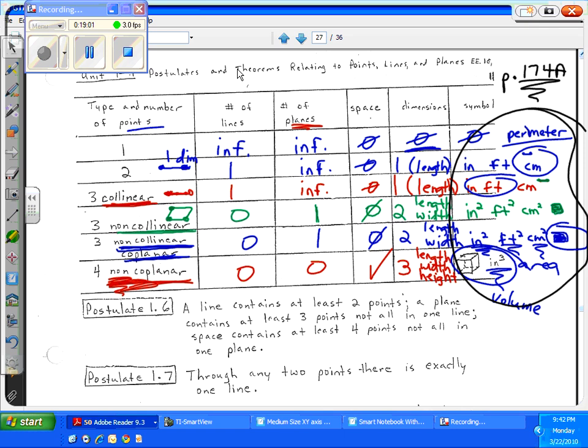Actually, let me find it for you. It's page 301 of this geometry text. So page 301 of the geometry text and page 174A of the Algebra 1 text use this information on perimeter, area, and volume and the concept of 1, 2, and 3 dimensions to learn how to scale up or scale down when you're dealing with units of measure.